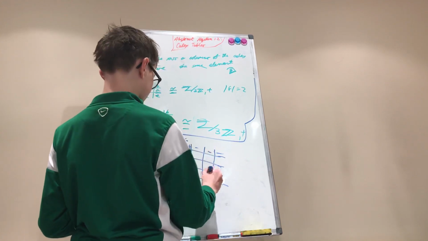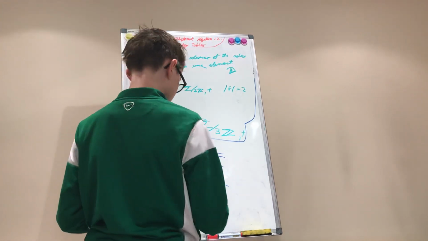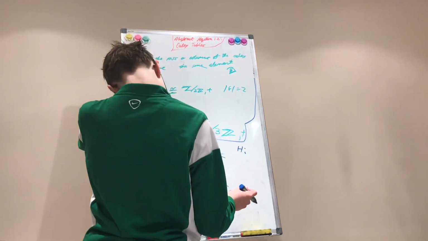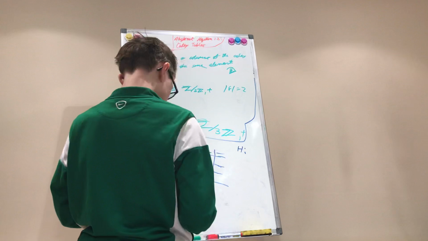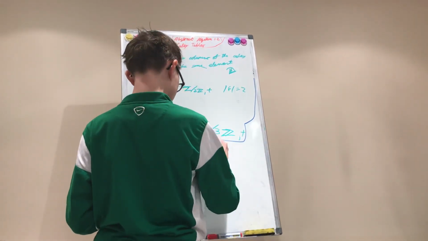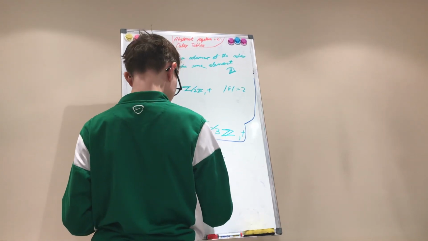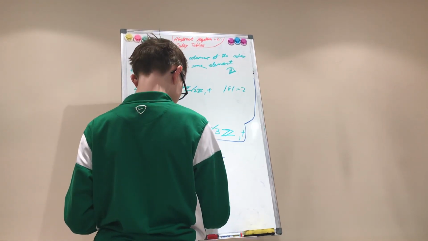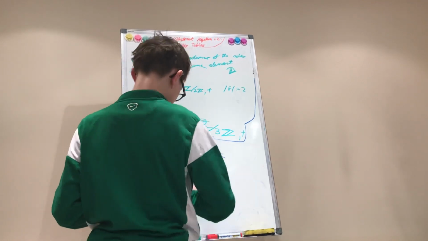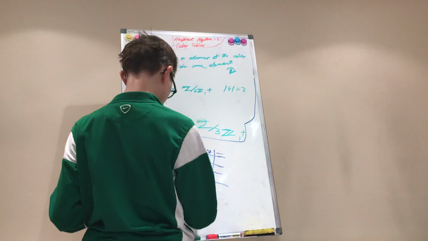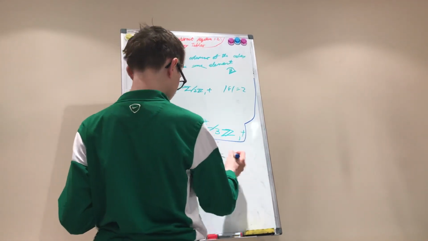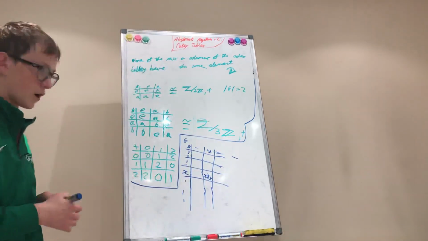Let's say this here is just X, and we want H. This is Y. This will be X asterisk Y. We'll just say the rest is some random stuff.